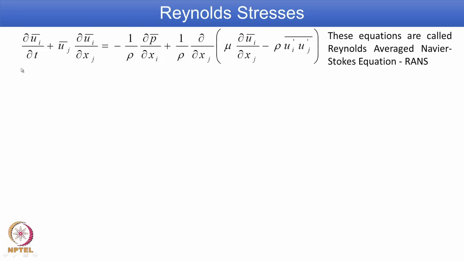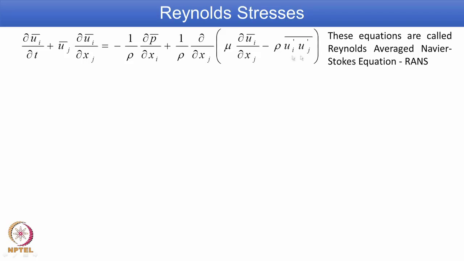The left hand side remains the same as the original Navier-Stokes equation, except that we use average quantities. On the right hand side, the first term is the pressure gradient term, the viscous diffusion term is also there, but we have that additional term included in the derivative term. Now, these equations are specially called Reynolds averaged Navier-Stokes equations, in short form RANS.